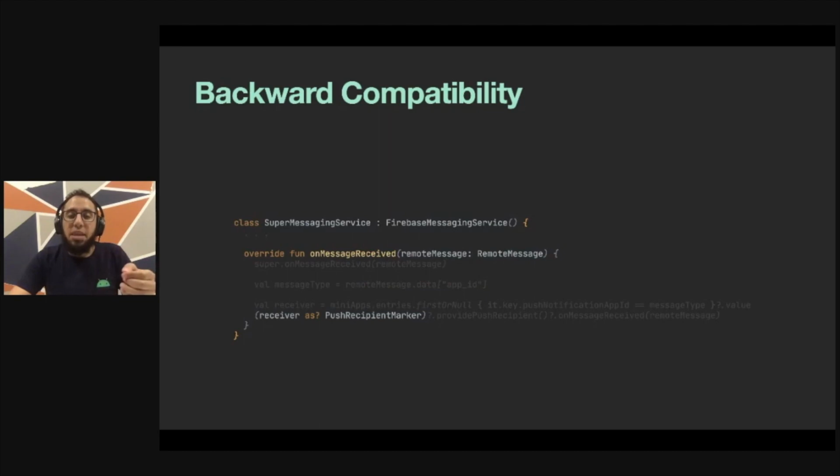But if I implement a push recipient on the mini app side, I just implement this interface as well. And if I conform to this interface, then I can safely call provide push recipient on message received without any problem.